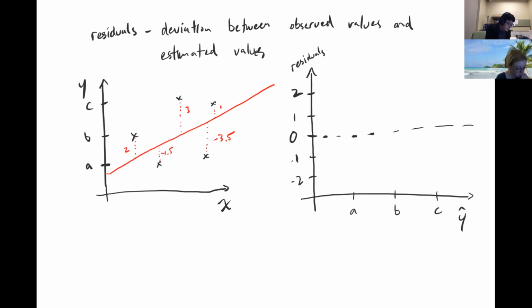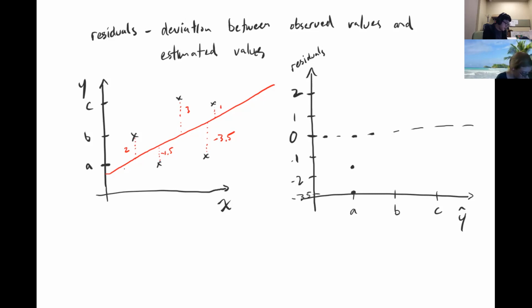So in A, I have 2 values here: negative 1.5, right about here, and negative 3.5, so it would look something like this.